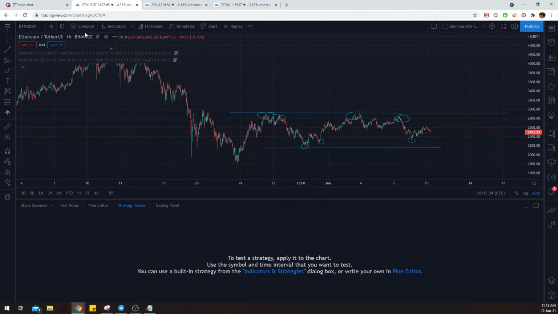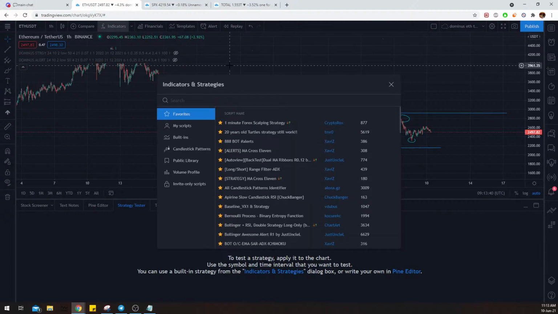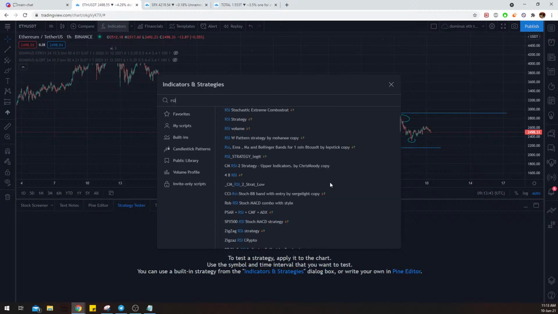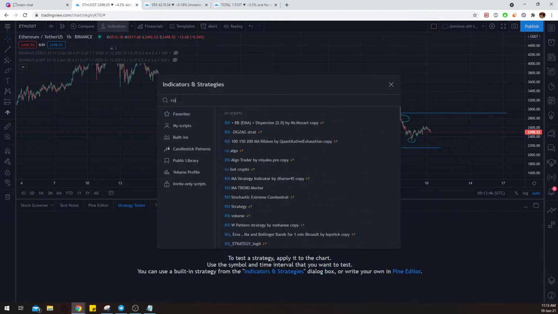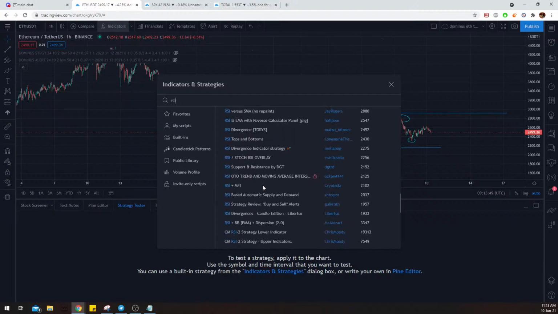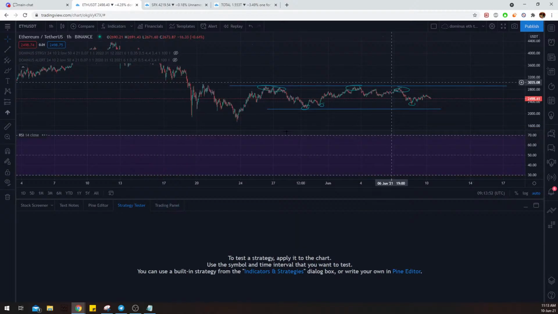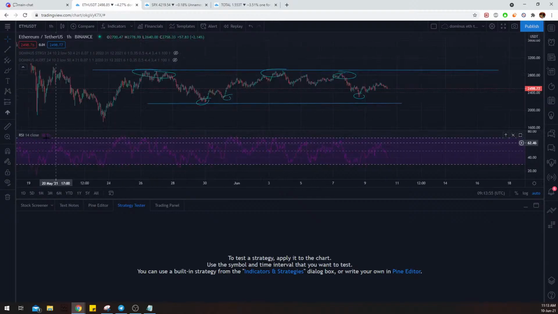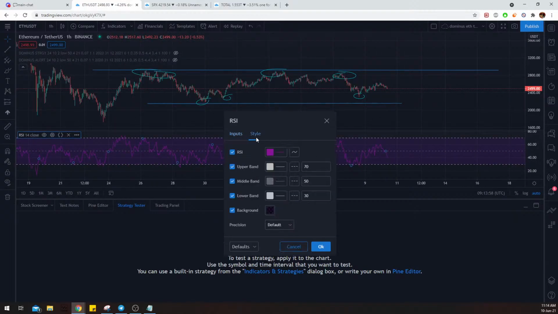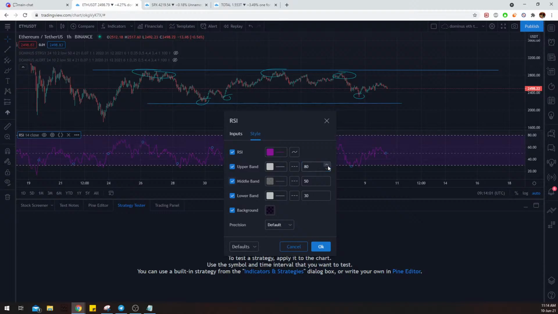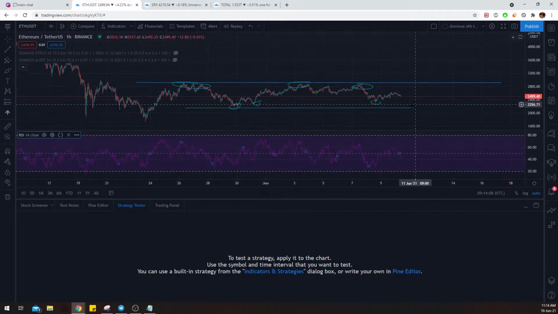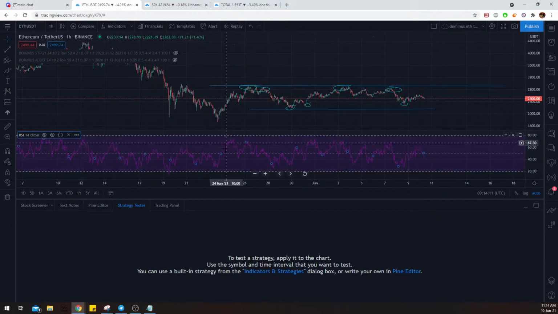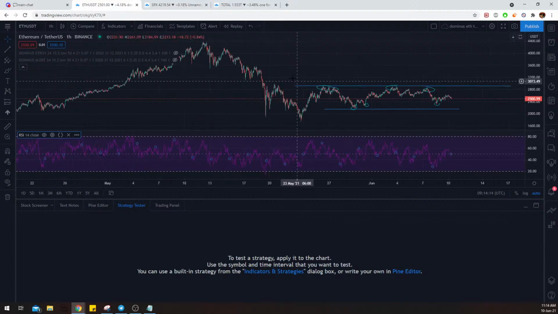is that if you take, for example, an RSI, a normal RSI, and let's go for 80 and 20, you can see that since we started this trend, it mostly tends to cross up, down, up, down, up, down.